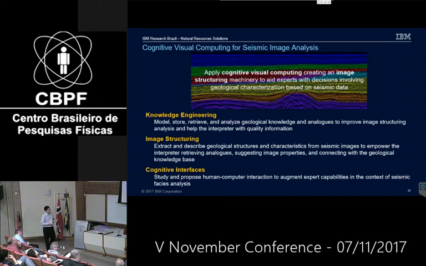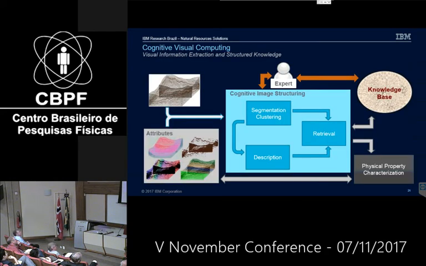Here, I'm trying to understand the whole picture, classify each part, and build some structures for the user, for the experts. When you talk about that, you need knowledge engineering, image structuring, and cognitive interface together. That's what we call cognitive visual computing or image comprehension.